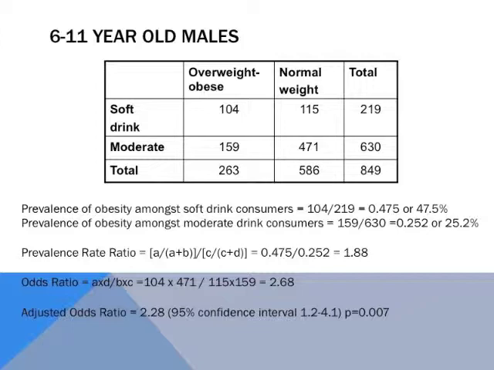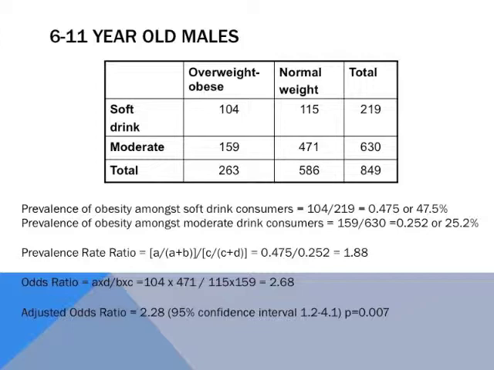From Table 2, we see that 47.5% or 104 boys in the soft drinks group were overweight or obese, and 25.3% or 159 boys in the moderate group were overweight or obese. From this, we can calculate that the prevalence of overweight obesity was 104 over 219, or 47.5%, amongst soft drink consumers, and 159 over 630, or 25.2%, amongst moderate beverage consumers.